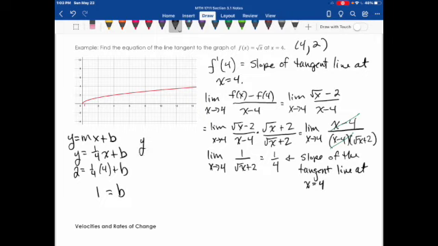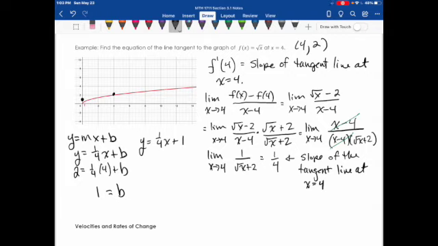So now I've got the line y equals 1/4 x plus 1. So my y-intercept is 1, so that's right here. And I have a point 4, 2. If you want, you can pick one more point to plug in.